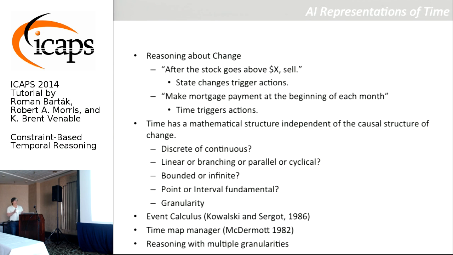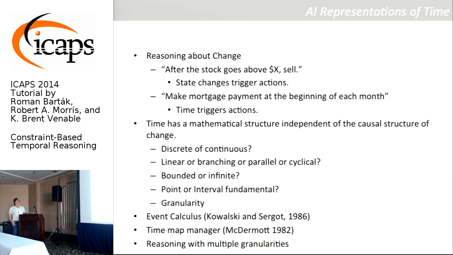So the early planning formulations involved representing change in terms of state, in terms of actions, the effects of actions. But then it became realized that sometimes time itself is a trigger of change. So, to make mortgage payments at the beginning of each month, there you have a case where time triggers actions.